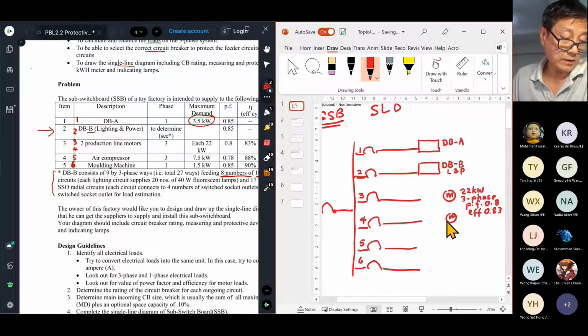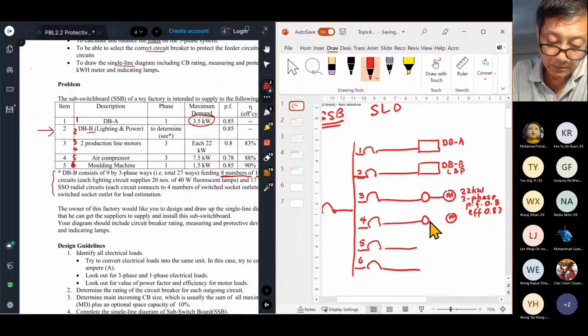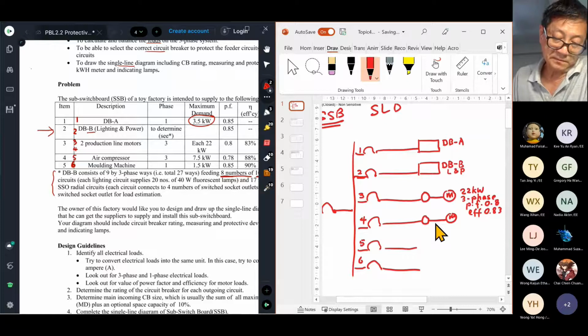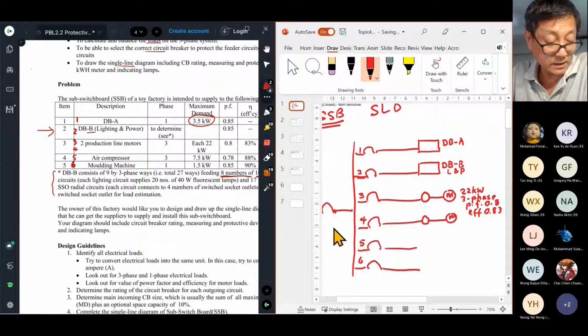But whenever we use a motor, we have to protect it with a starter. So a motor has a starter. So I will draw the circuit like that. Circuit number 2 and number 3, number 3 and number 4, like that. Then what about number 5? Nadia, what is connected to circuit number 5?